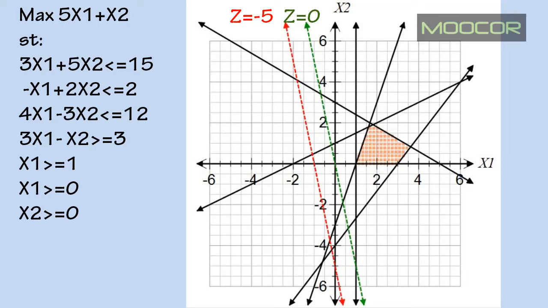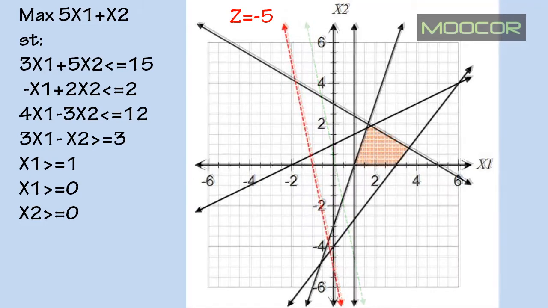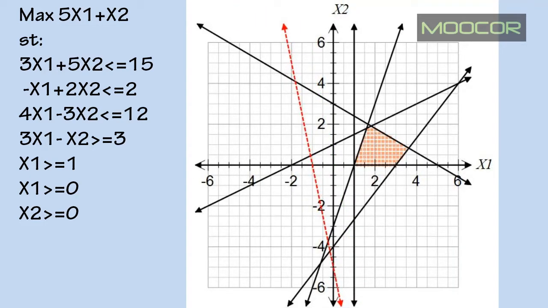So the objective function line of the value 0 is the one parallel that passes through the origin. Now, from -5 for the first line that I drew to 0, apparently I am moving in the increased direction. So I'll put a little sign in here to identify that this is the direction of the increase.